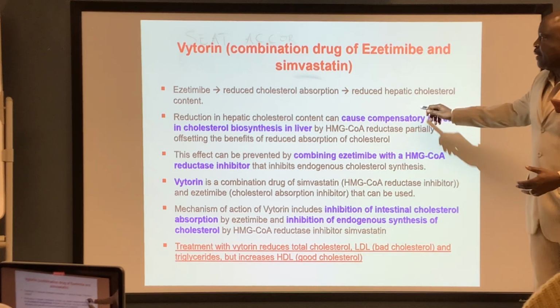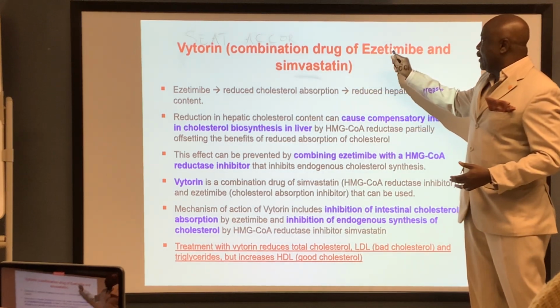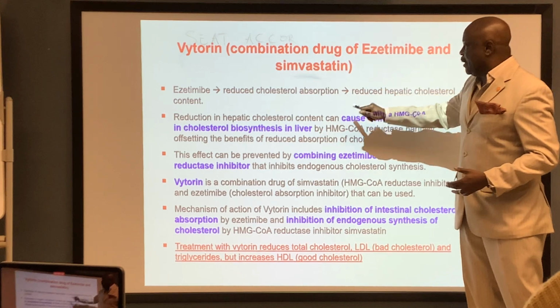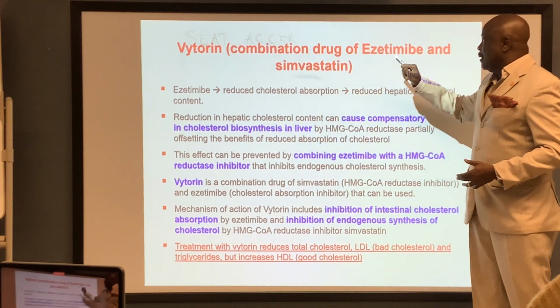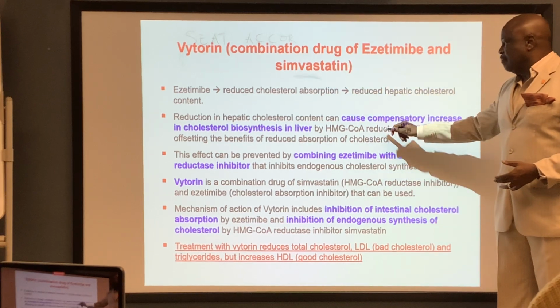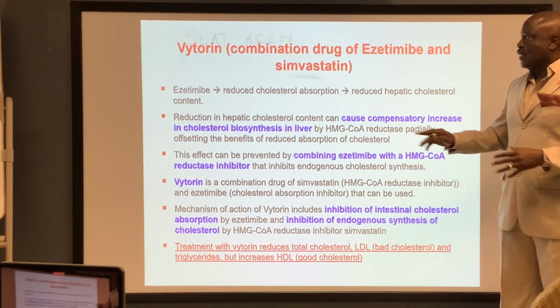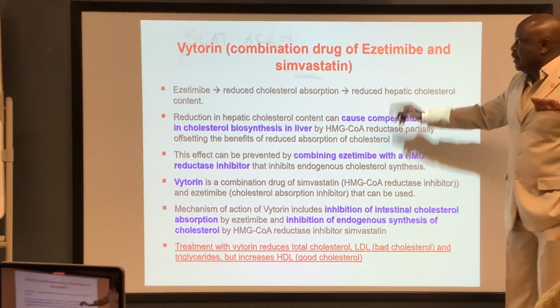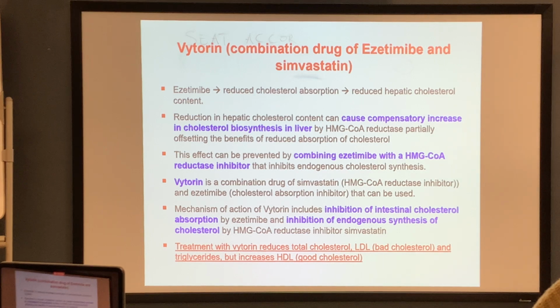What then happens is that when you combine the ezetimibe that's reducing the cholesterol content with simvastatin that's inhibiting the synthesis, you tend to get a combined effect. And that's why Vytorin is a good combination of the two.